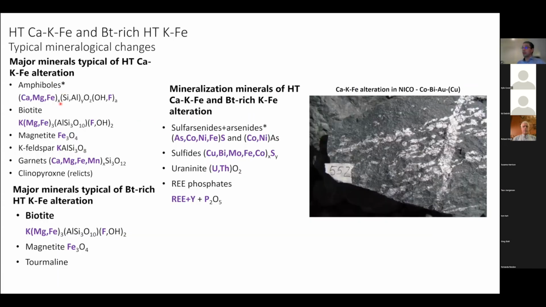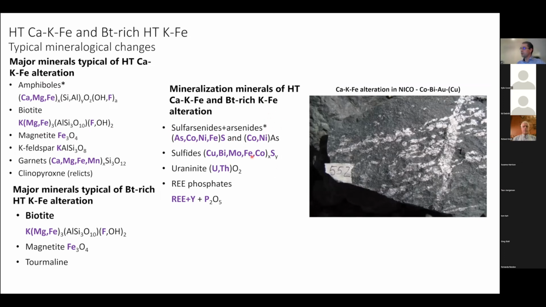If we look at the mineralogy, typical minerals, we can still see amphiboles either as a residue or co-precipitating with biotite. Iron oxides, magnetite, K-feldspar, or garnets are possible as well. One characteristic of cobalt-rich mineralization is that very often it's expressed as a concentration of sulfarsenides and arsenides instead of sulfides.